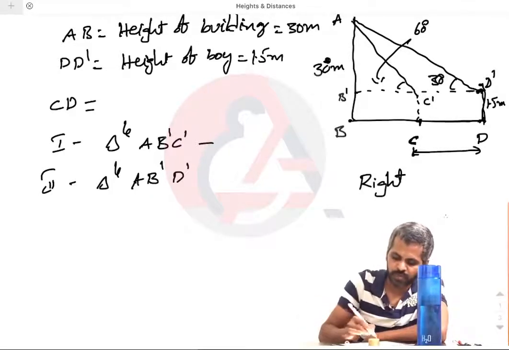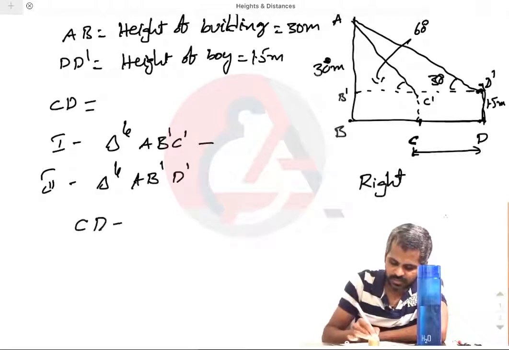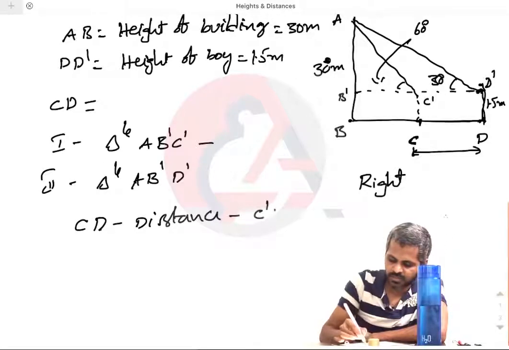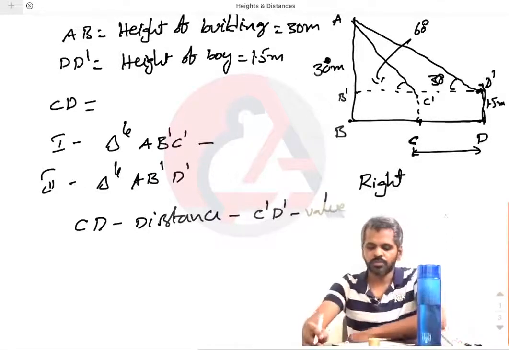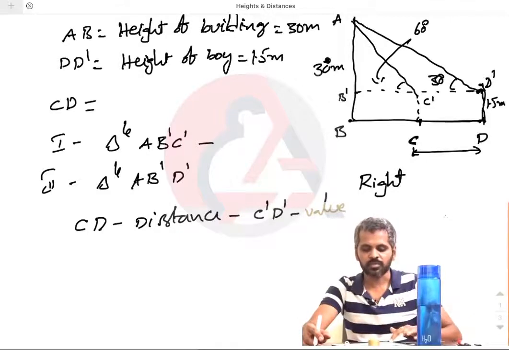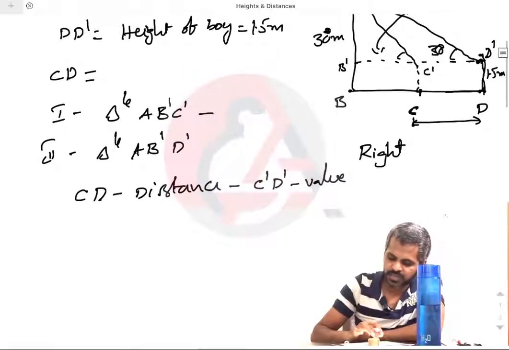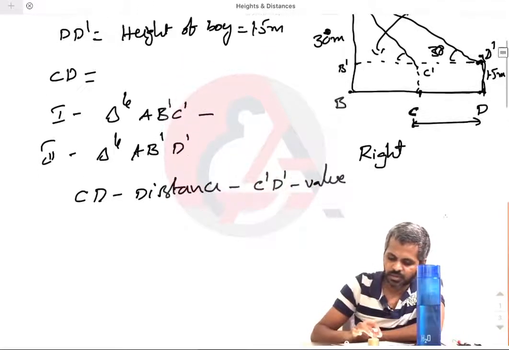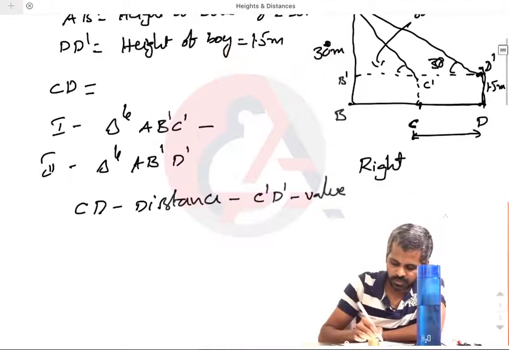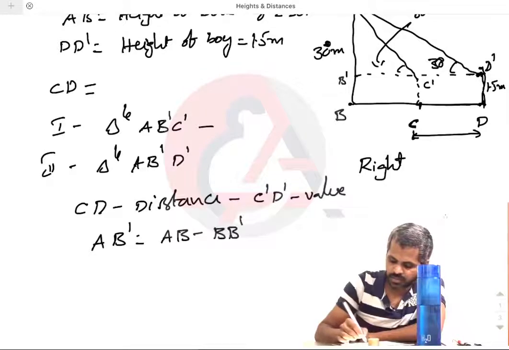Our job is to find the CD distance. What is the CD distance? That means the C dash D dash value. So how do we bring this value related to trigonometric ratios? If you take the right angle triangle A B dash C dash, we know the value of AB dash. AB dash will be equal to AB minus BB dash, that is 30 minus 1.5, 28.5 meter.